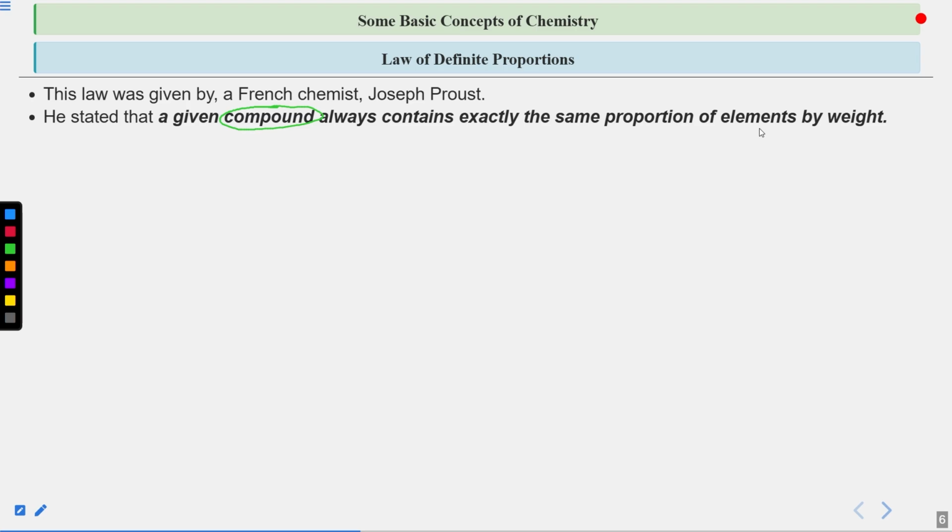Okay, so if you take any compound, suppose you are taking water, the water has two hydrogen atoms, not molecules, hydrogen atoms, and one oxygen atom. These two hydrogen atoms will weigh a total of 2 grams, if you are taking 1 mole of the molecule in that case, and the oxygen mass will be 16.